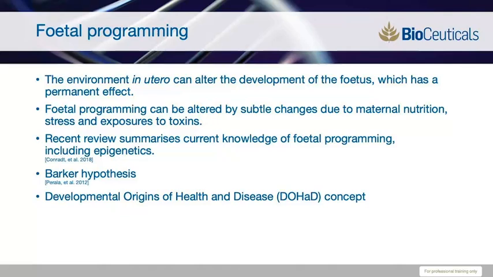It's a fantastic paper if you're interested in this. As I mentioned, David Barker was really the first person to start to make us aware of this. And there is the DOHaD group, the Developmental Origins of Health and Disease. It's a group that I used to be with. They do a lot of research around methylation, epigenetics, and understanding how our environment really influences that embryo and growing fetus and the effects it has in adult life.